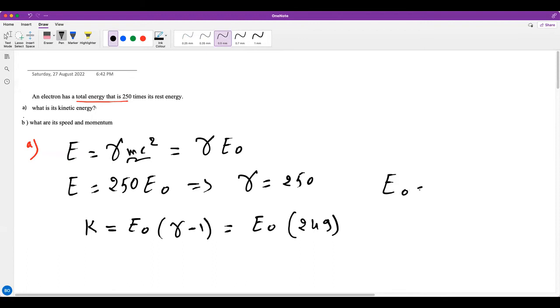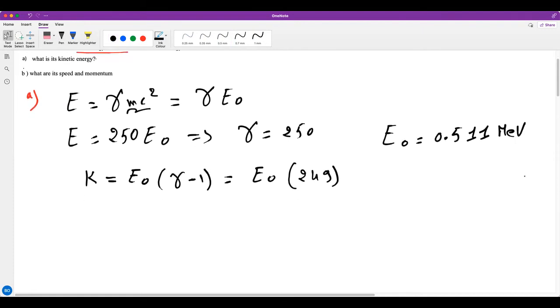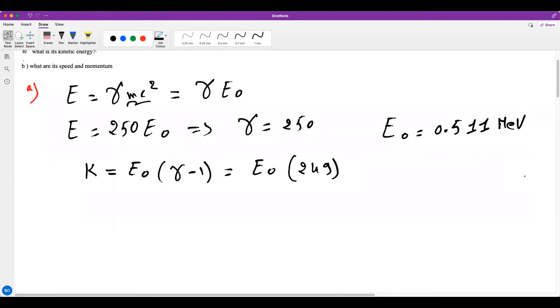We know that the rest energy of the electron is 0.511 MeV, which we already calculated in another problem, I think in video number 3 or 4 for relativity. So the kinetic energy will be 127.24 MeV. This is the kinetic energy of the electron.